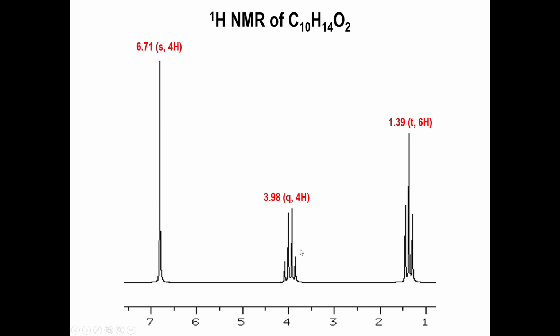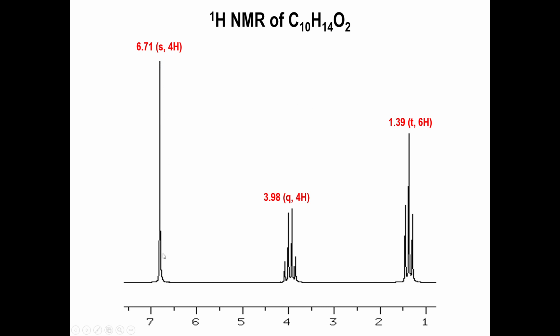All right, so what basically this will also tell us is that if you look at the integrations, right, we have 4 hydrogens in the aromatic region. That means that out of the 6 carbons of benzene, 2 of them are being occupied by substituents, right? Otherwise, you will have more than 4 hydrogens that are aromatic. Now, the other thing about it too is that this is a single peak.